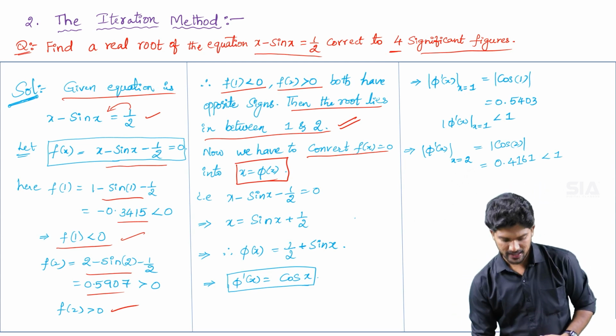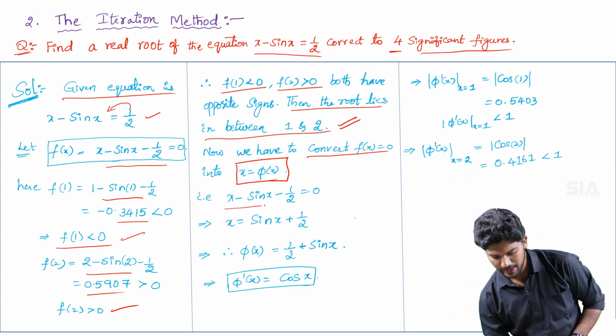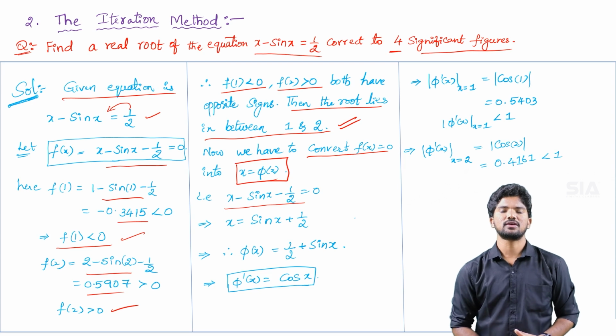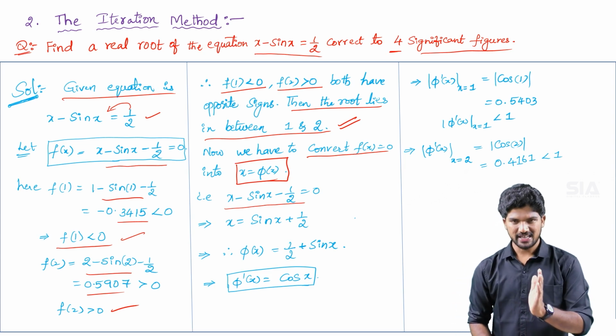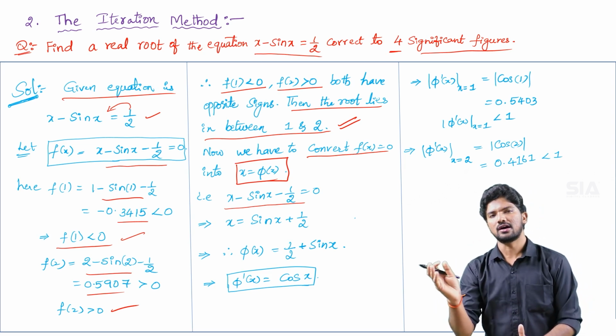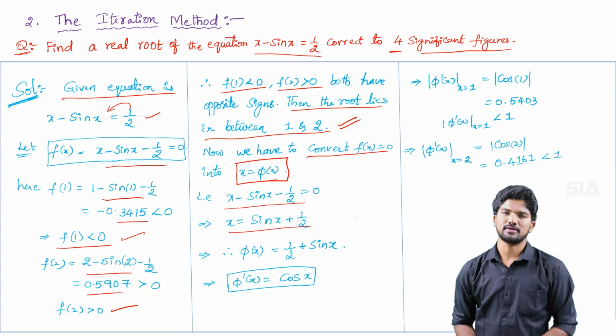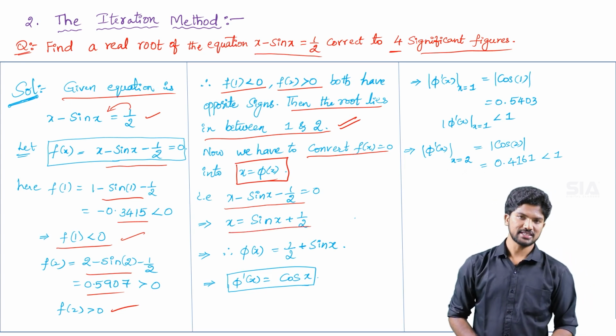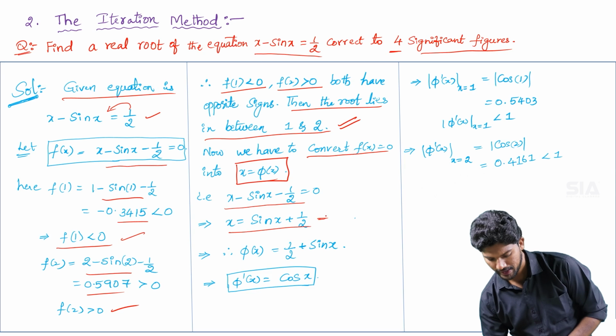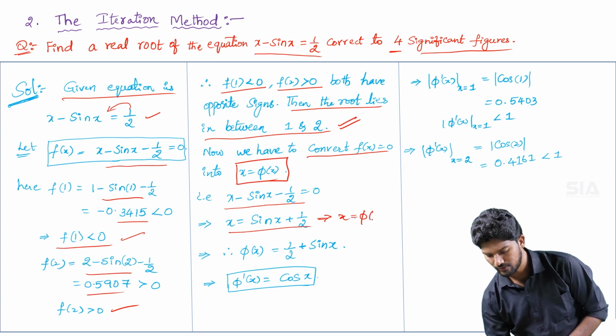Now you can see the given equation x minus sin x minus 1 by 2 is equal to 0. Except x, send all the remaining terms to the RHS. So x is equal to sin x plus 1 by 2. Now it is in the format of x is equal to phi of x.